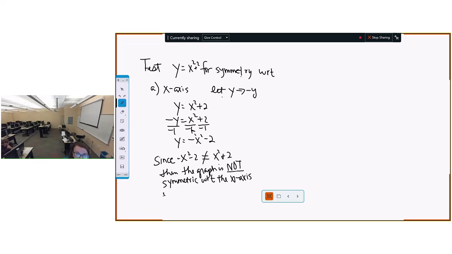Okay? So now we're going to check for symmetry with respect to the y-axis.